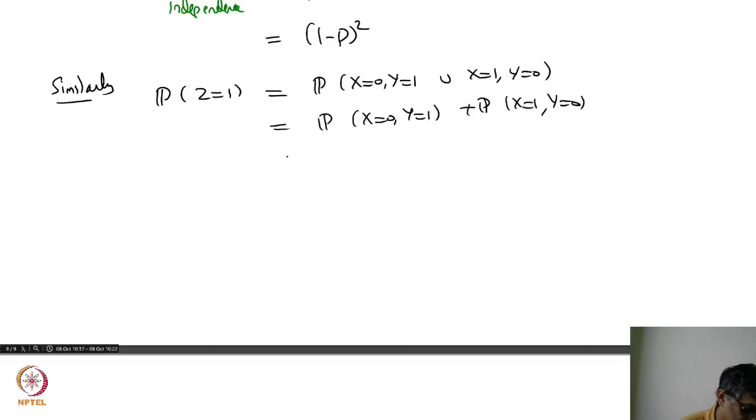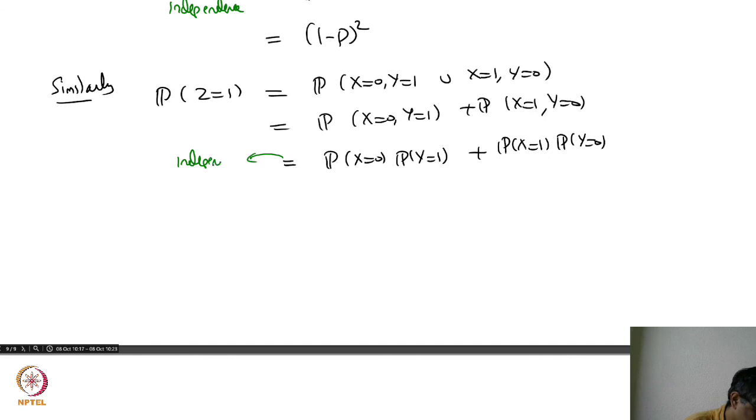Then you use independence to write the chance that X is equal to 0 times the chance that Y is equal to 1, plus the chance that X is equal to 1 times the chance that Y is equal to 0. I would get (1 minus p) times p plus p times (1 minus p), and I would just get the correct answer: 2p times (1 minus p), which is what I want.